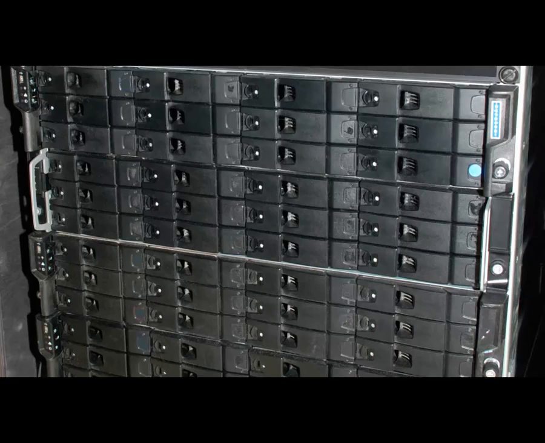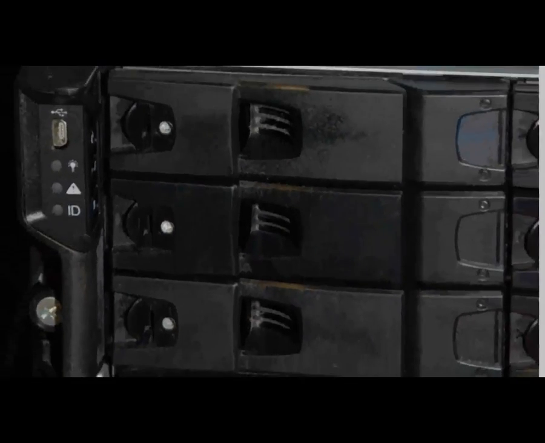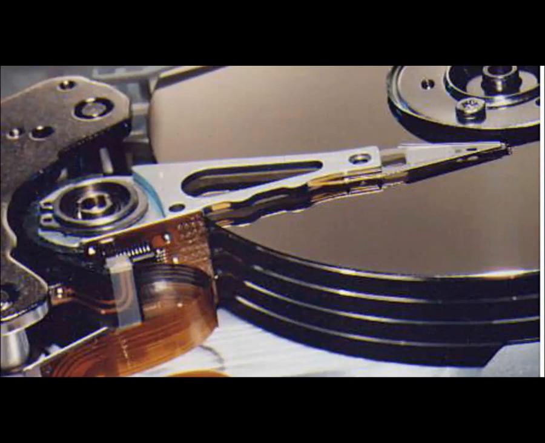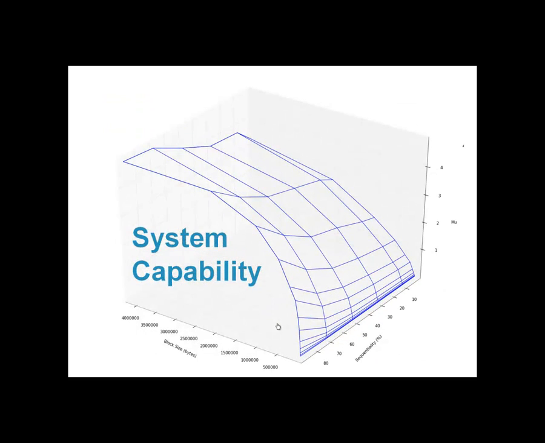Disk-based data storage systems are essentially serial access electromechanical devices with significant limitations in latency and bandwidth. Our task is to predict the performance capability of the storage system such that quality of service can be guaranteed even when it is shared by multiple users.